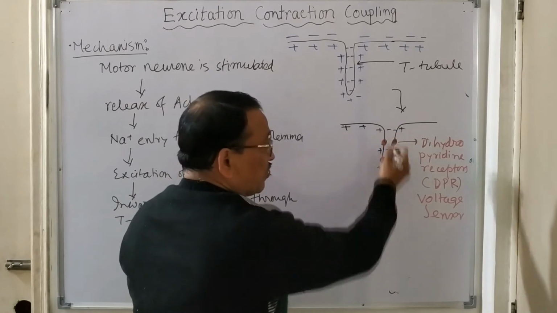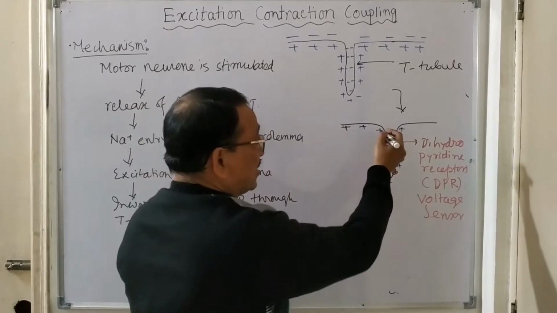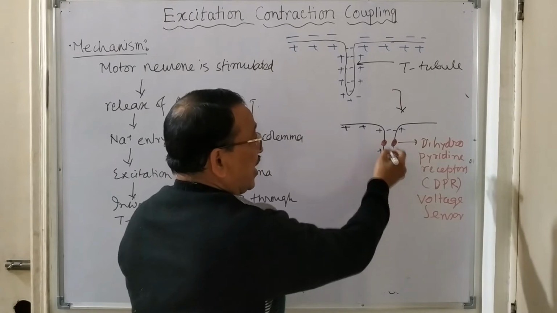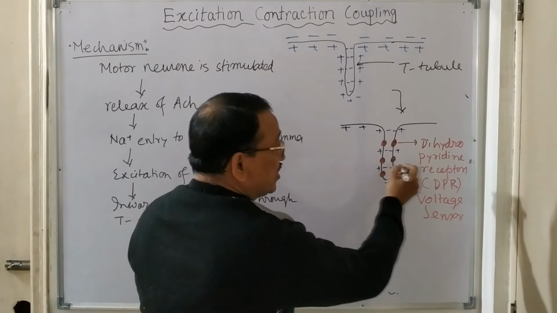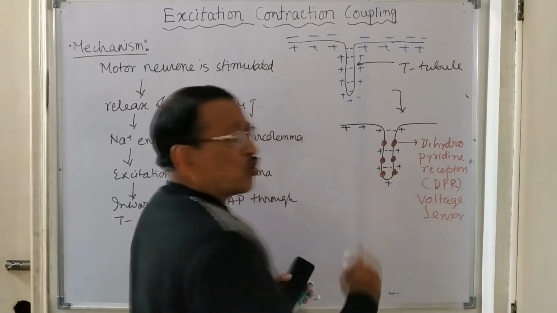So there is a change of voltage, and this change of voltage across the T-tubular membrane is detected by the dihydropyridine receptor.